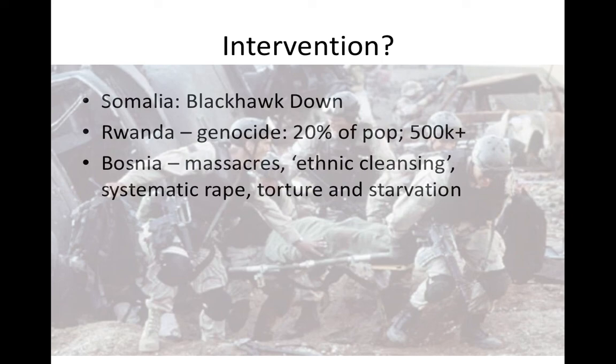Some of the people in the former Yugoslavia, I think the Croatians were Christian, the Serbians were Eastern Orthodox, and most of the people in Bosnia were Muslims, although there was a mixture of population in all the countries. Serbians massacred people. They tried to kill off all the Muslim population of Bosnia, and they used systematic rape of the women in the villages, torture, and starvation, and it was nasty.